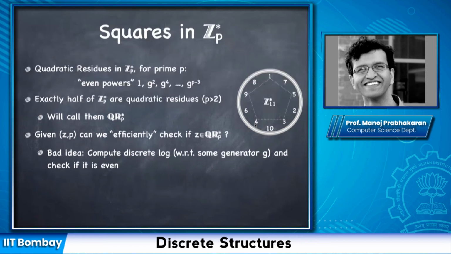All right. So if I pick some generator and see that the discrete log is odd, then I know that it is not a perfect square. It's not a quadratic residue. Why is this a bad idea? It's perfectly legitimate. It's correct. The problem is that for large numbers, large p here, it's pretty difficult to compute this discrete log.